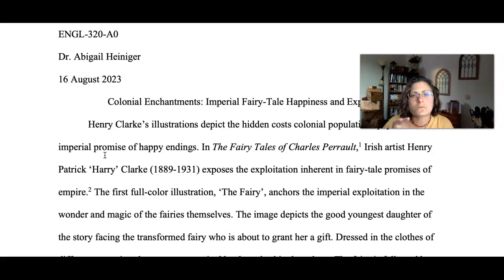And so Clarke is right in the middle of this battle. Now, whether these images are trying to point out colonial exploitation, or the fact that colonial exploitation is just part of what's going on in Great Britain, we can't really tell.